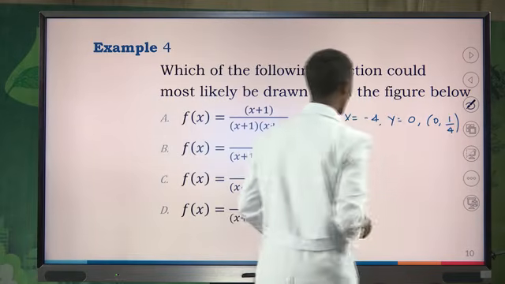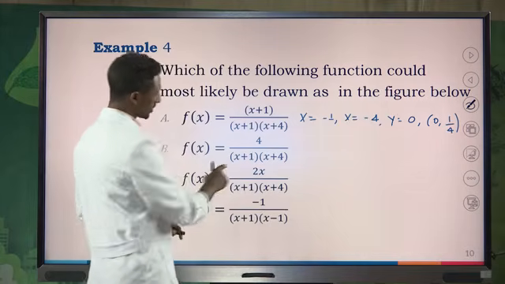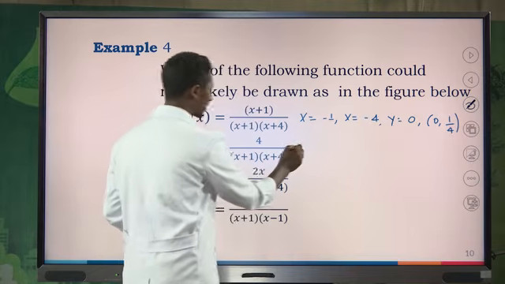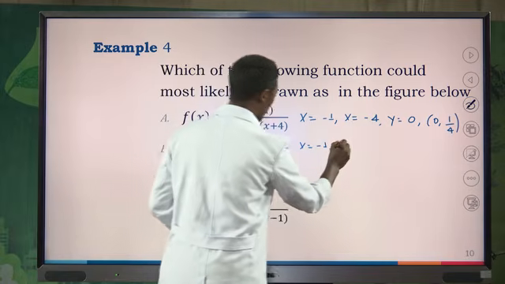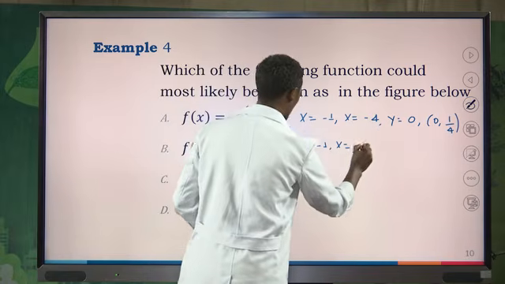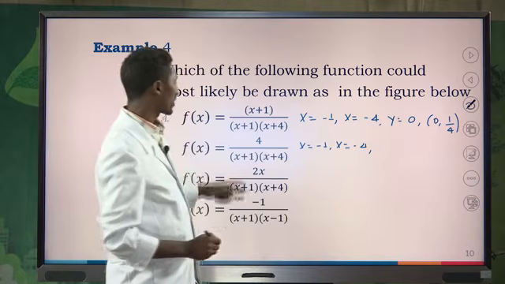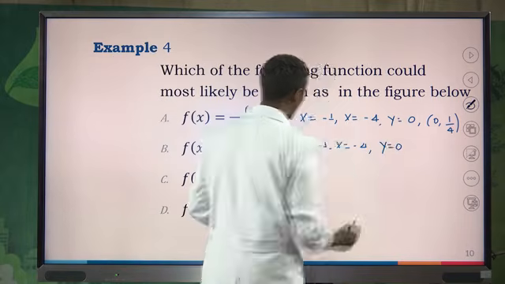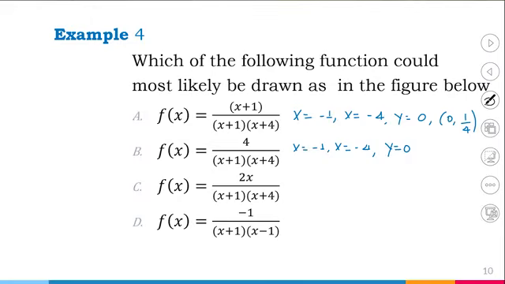Good. In the same way, let's do it for B. Similarly, x equals minus 1 and x equals minus 4 are vertical asymptotes, and the horizontal asymptote is y equals 0, because the numerator is constant and the denominator is degree 2, meaning its degree is greater than the degree of the numerator.